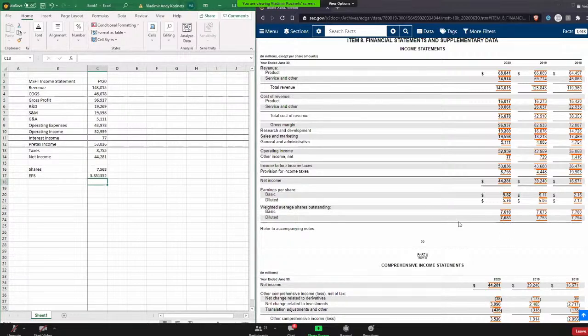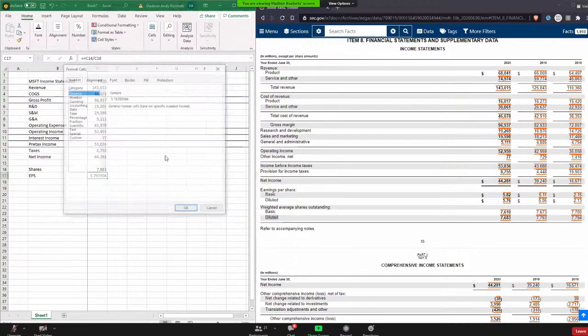But actually, sorry, I'm going to use a different number of shares. I'm going to use the diluted, which they use for the calculation. So I didn't even need to go to the top page. Let's redo that: 7683. Then the EPS comes out the same as their diluted EPS here, 5.76. Let's reformat that number to two decimal places.